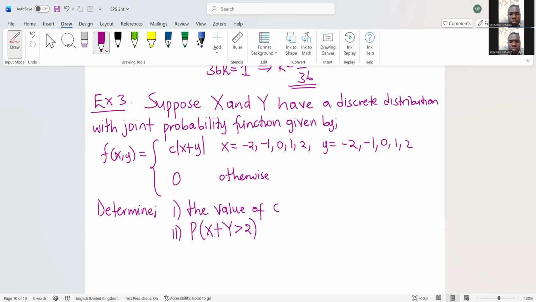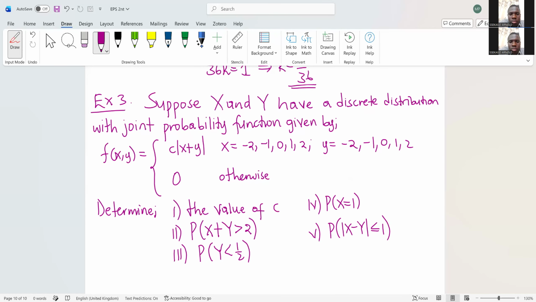Roman 3, the probability of y less than a half. Then the probability of x equals 1 and the probability that the absolute difference of x minus y is less than or equal to 1.